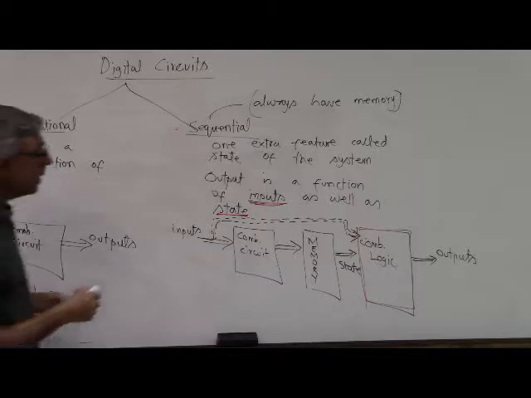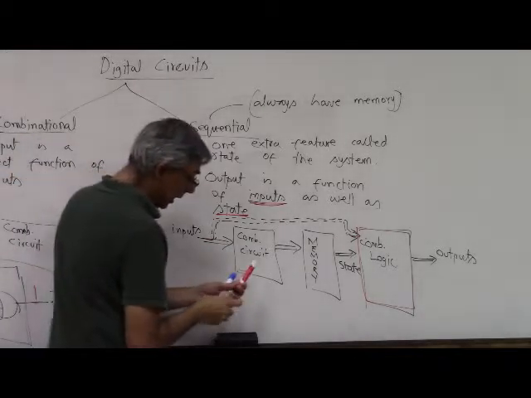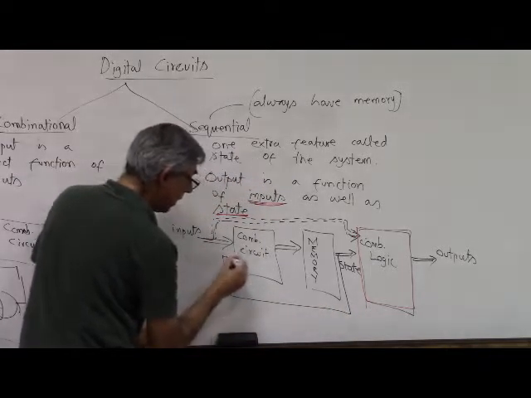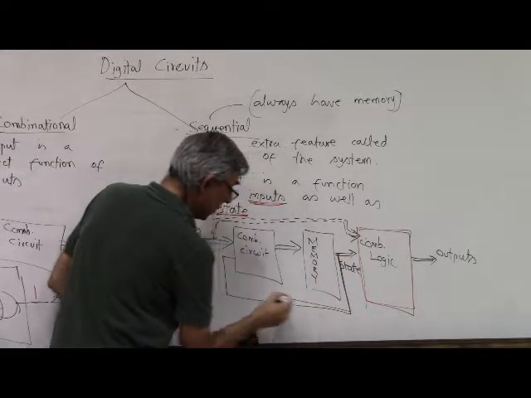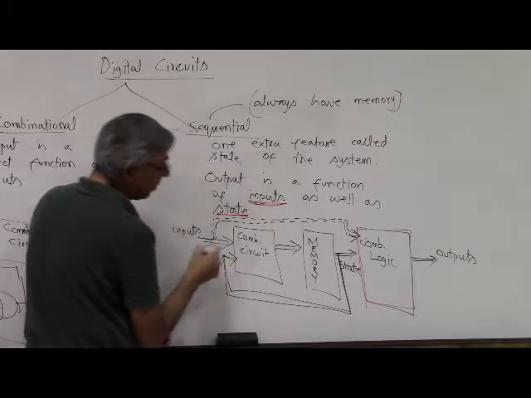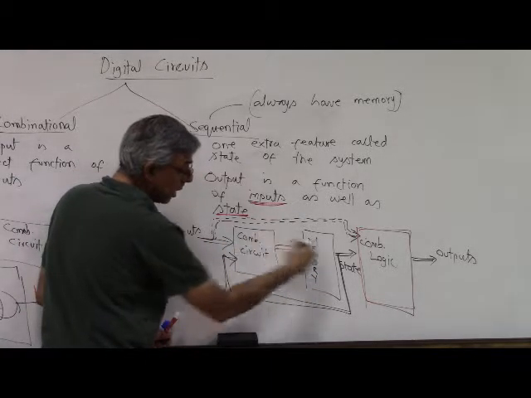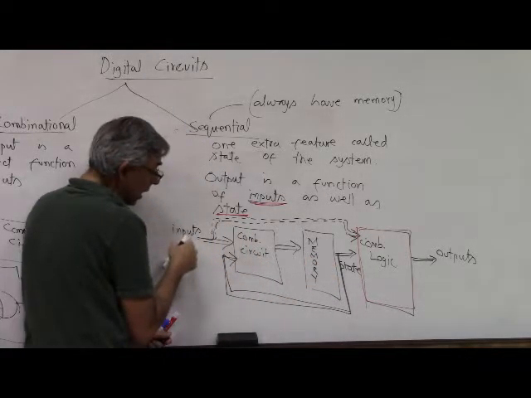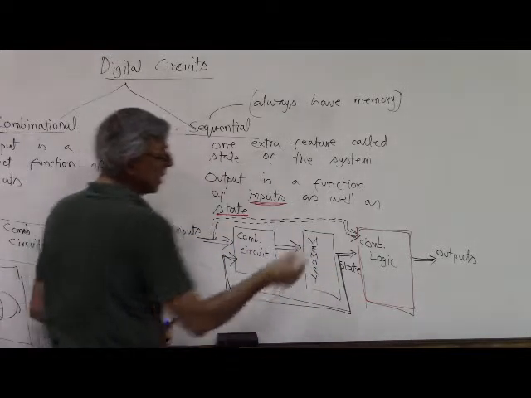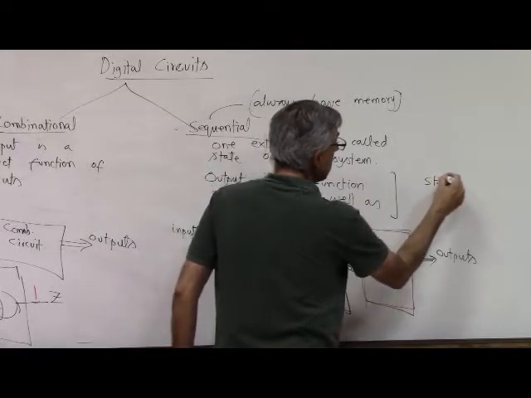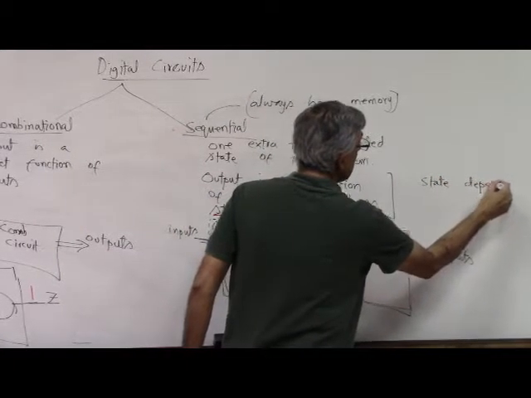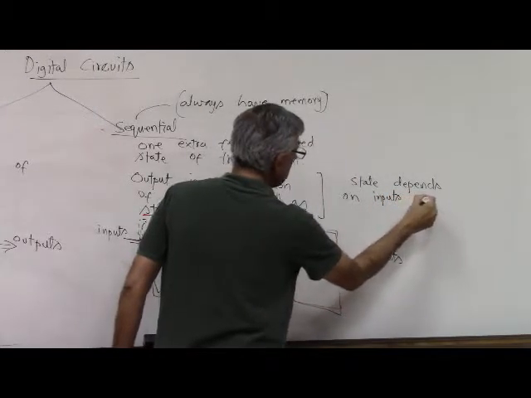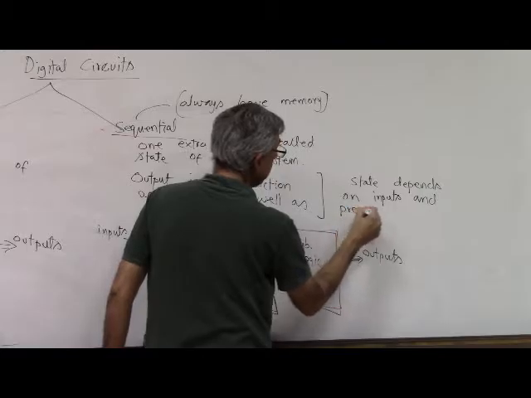Now, one more thing that we need over here is this state further feeds back over here. So the feedback is also very important. The state also depends on inputs and the previous state. So another thing to remember is state depends on inputs and previous state.